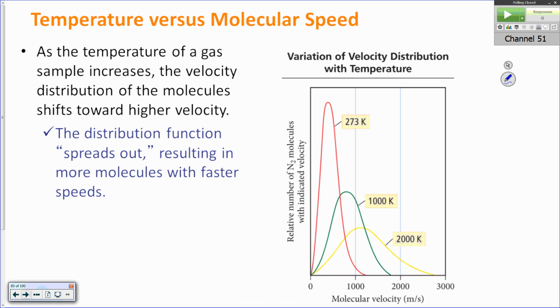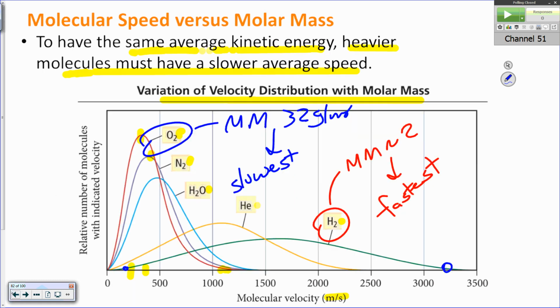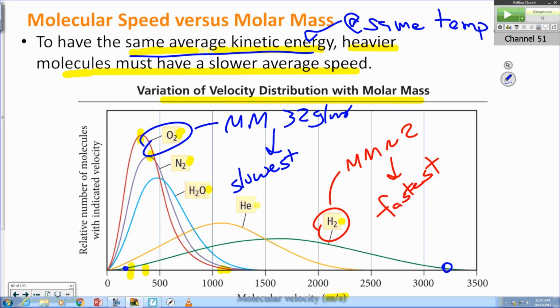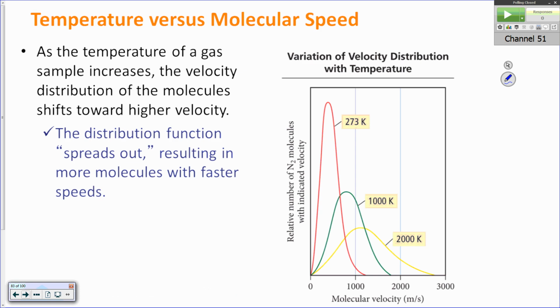Now, one of the things I want to show you is how it changes with temperature. All of these plots here are at the same temperature, and if they're at the same temperature, they have the same average kinetic energy. But if we vary the temperature, those profiles start to shift. So here's an example of what happens when we increase the temperature of the gas.